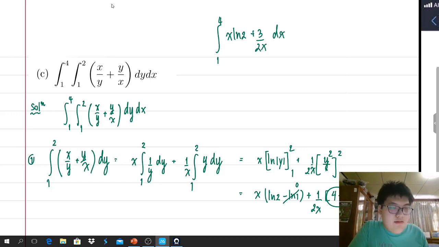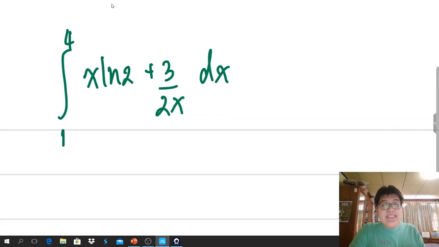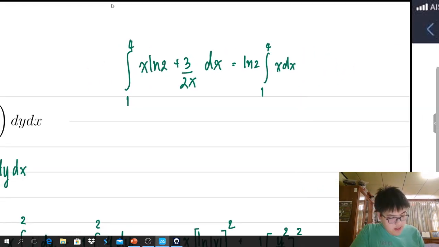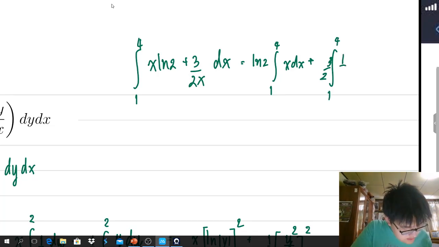With respect to x. Then if you move out all of x, because you will take the value inside when you do the final integration, then we will have to separate it again. This one, constant out, integral from 1 to 4 of x dx, plus the integral of 3 over 2, from 1 to 4, of 1 over x dx.